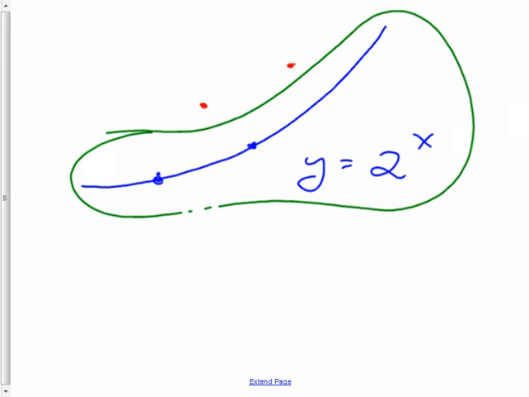So let's say that this one is at 0, 1, and this one's at 2, and think about it, you know what the answer is. Because you know what the parent function is. 2, what? 2, 4. How do these guys know that? Because they stuck a 2 in right there for x. Because if I put in x is 2, it's like saying x is 2, and therefore y must be 4. So 0, 1 and 2, 4 are my original points.